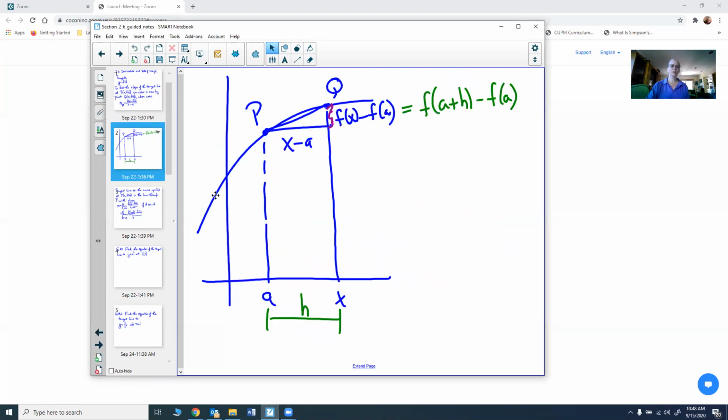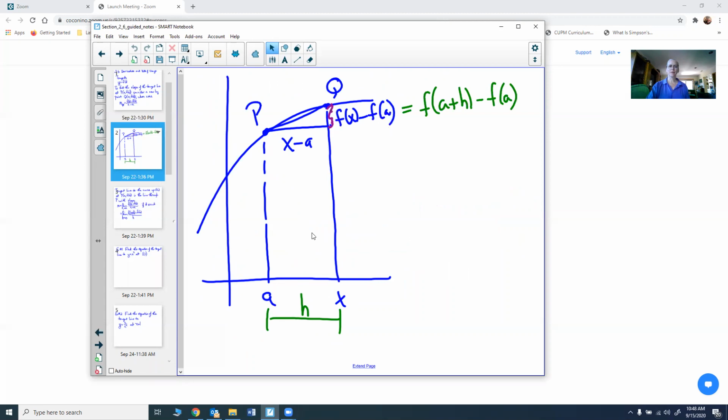If you visually look at this, let's say we have some curve here, this is your function. Here's your P and here's your Q. We're looking at the slope of this line. That's the secant line. And you've got this distance here between x and a. We're going to call that h, give it a slightly different name. And then we've got this distance here, which is f of x minus f of a.